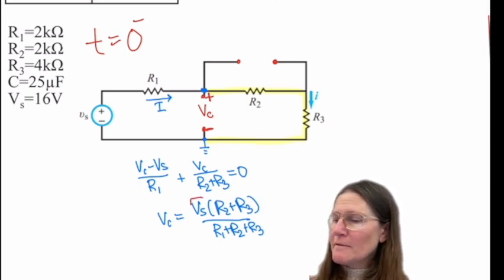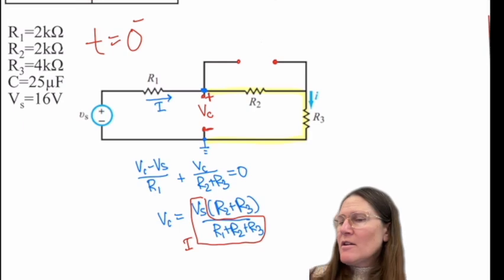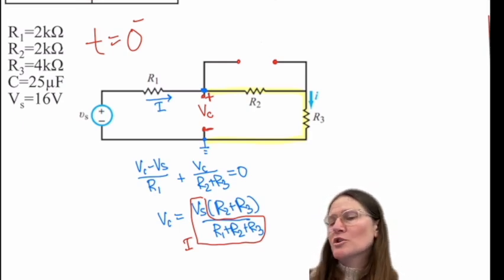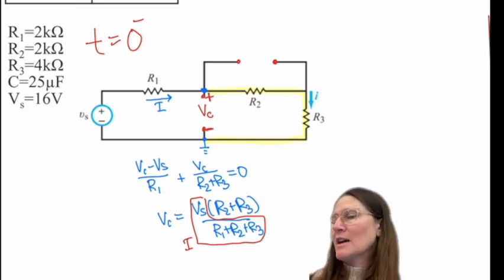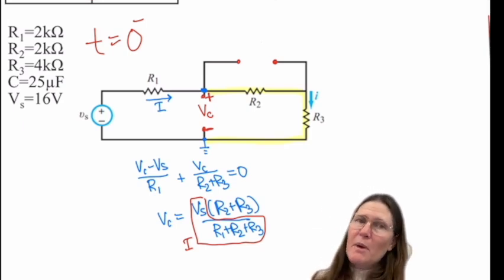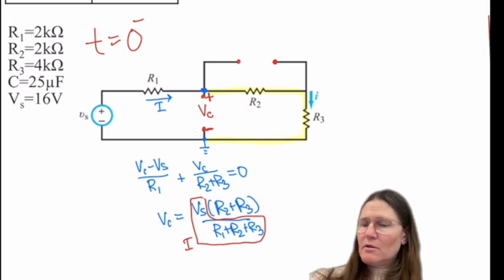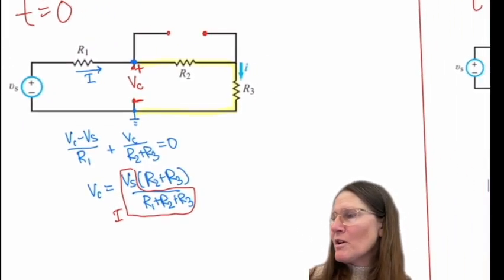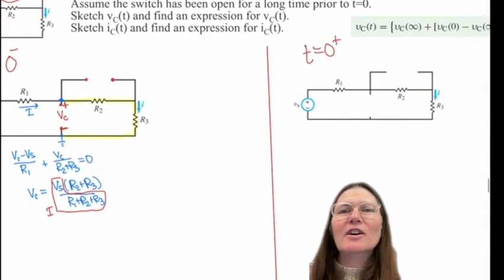So here's your I. It would be I times that R2 plus R3, or you could do Vs minus I times R1. And that would also get you VC, because you could take a pathway in either direction. Okay, I'll get the number in a minute because I don't have it right with me.